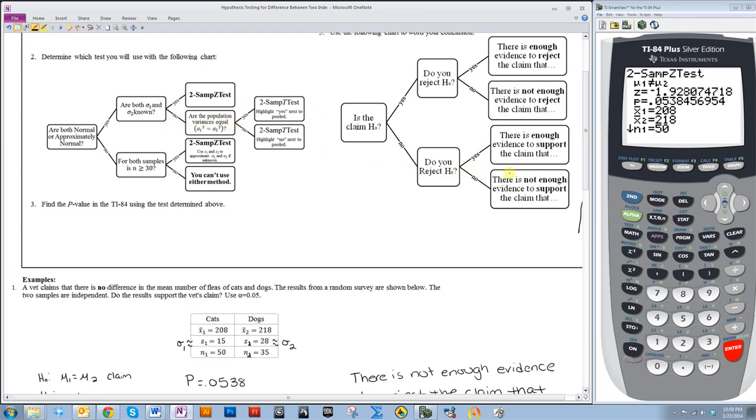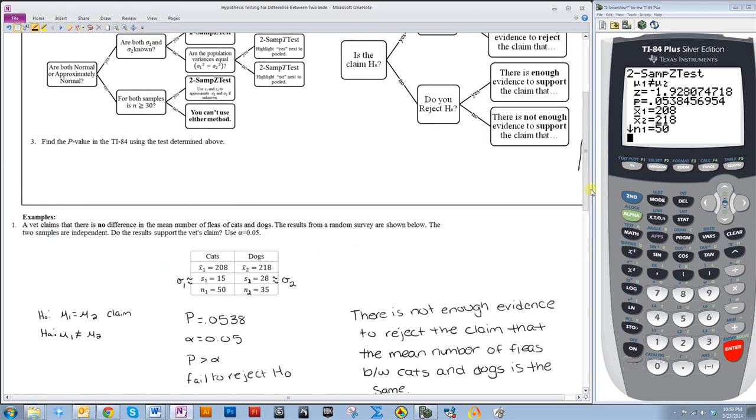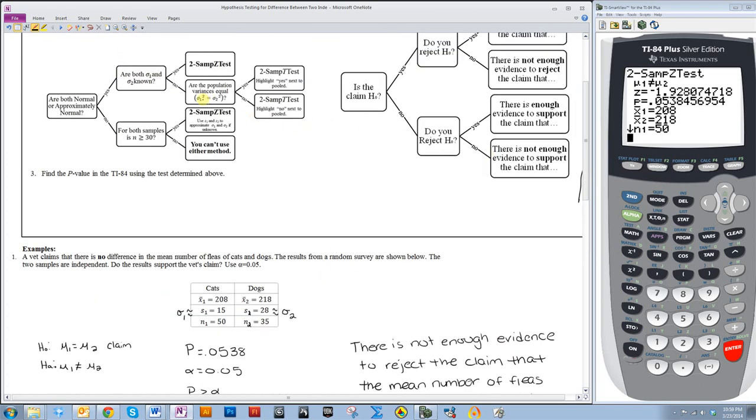It said to assume that they are not equal, because this is the variances. Are the variances equal? No. So we use the 2-SampTTest, and we need to make sure that we highlight no next to pooled.